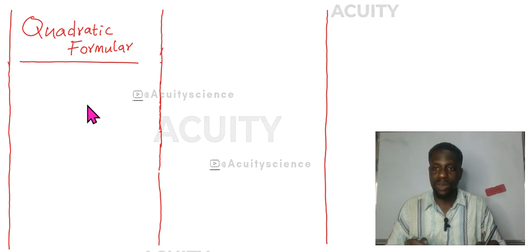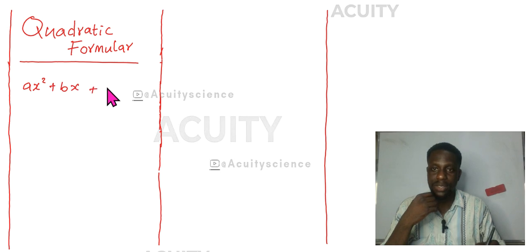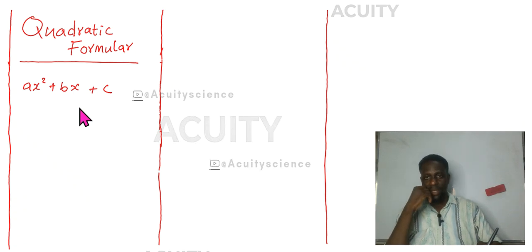Okay, so let's just think of an equation. Let's say ax squared plus bx plus c. So let's say we have this equation, and this equation cannot be factorized.